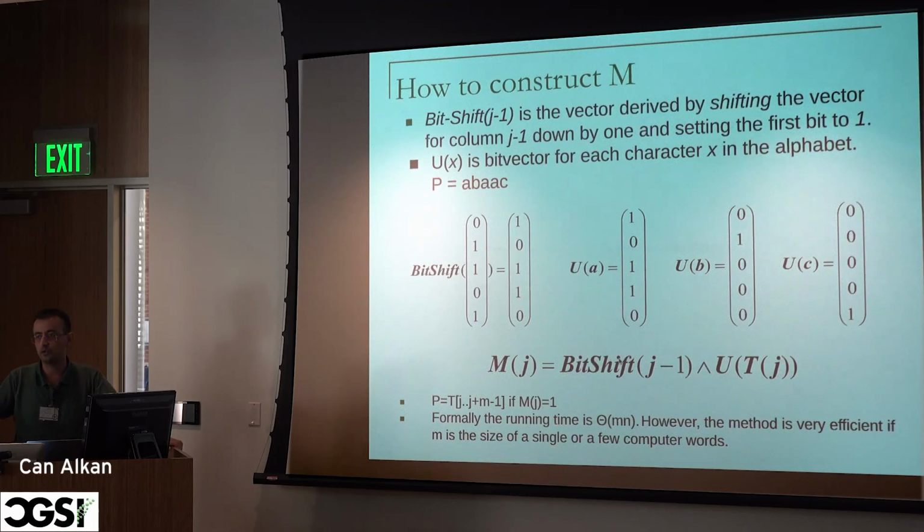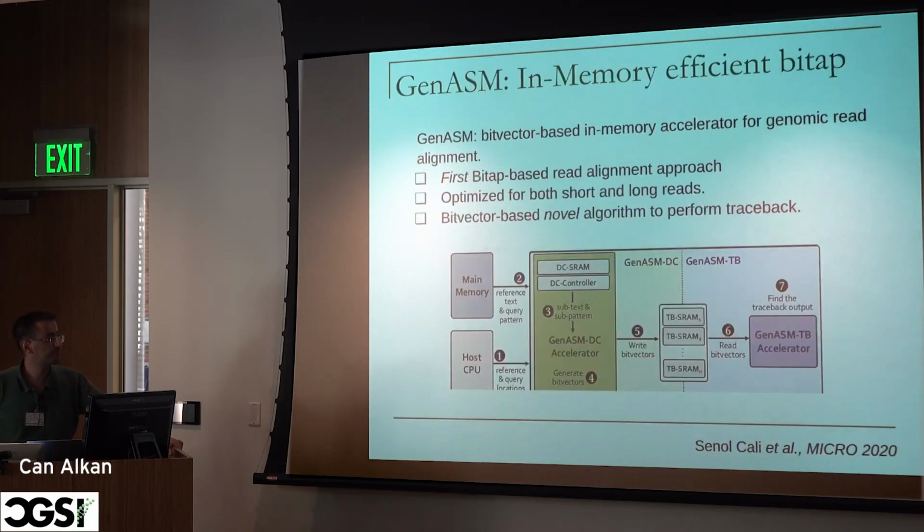So again, you don't need the full table. You only need 2 vectors for every 2 columns that you're going to process. And once you have ij equal to 1 at the last row of the bit vector, that means you have a perfect match. Again, this is very quickly calculable. Although theoretically it is still quadratic runtime, in practice it is very fast because you are only dealing with bits.